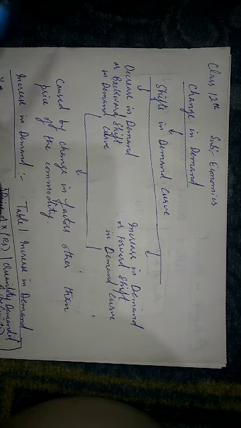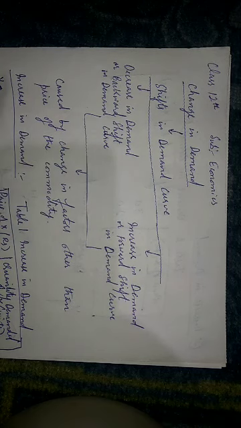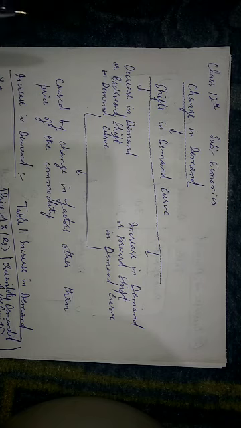We have discussed in part 1 about the change in quantity demanded, and now we will discuss the change in demand. The change in demand refers to increase or decrease in quantity demanded of a commodity in response to change in other determinants of the demand other than price of the same commodity.